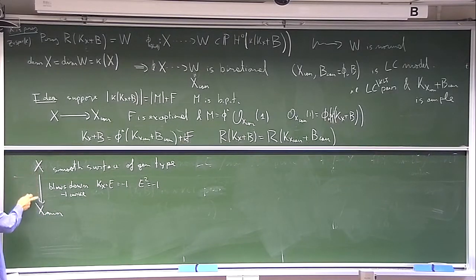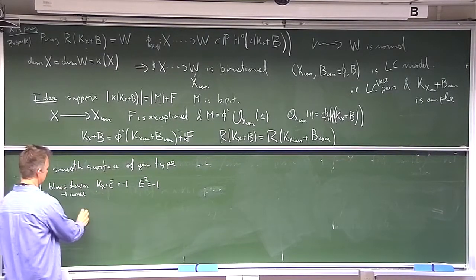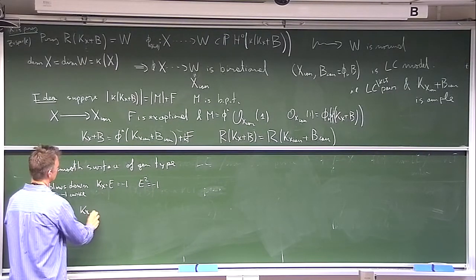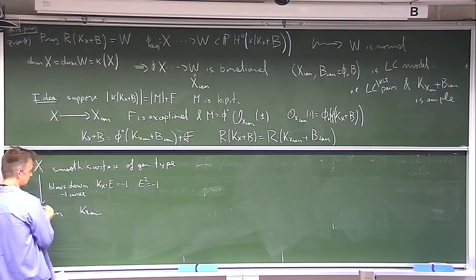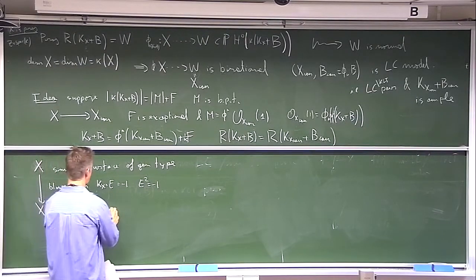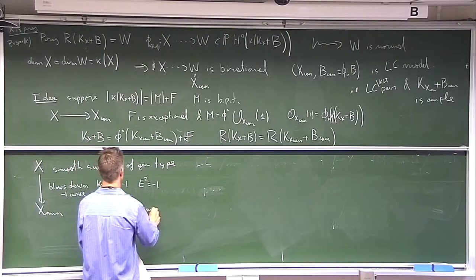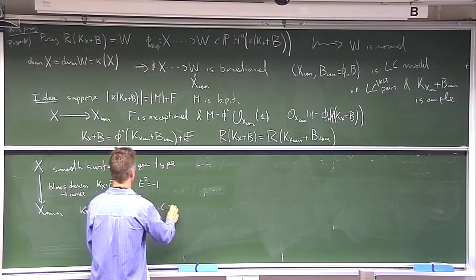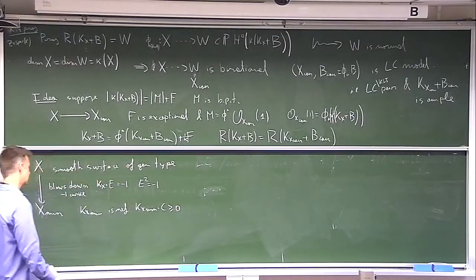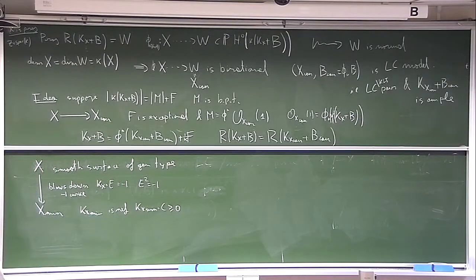Each time you do this, the Picard number goes down by 1. So eventually, you get rid of all negative curves. And here you get that the minimal model is still a smooth surface, and the canonical class is nef. So K_X minimal dot any curve is always greater or equal to 0. But unluckily, as I mentioned before, canonical models, even for surfaces, actually have mild singularities.